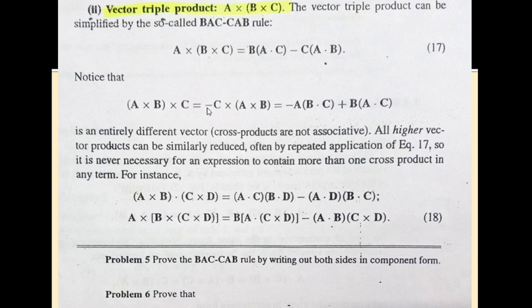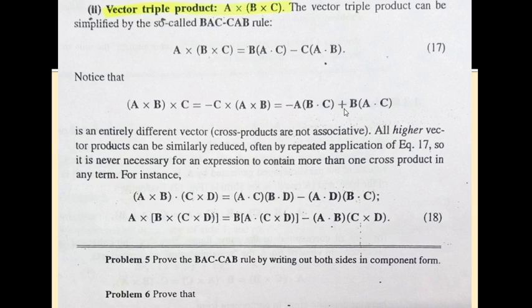If you change their position, the direction will be changed according to the right hand thumb rule. This is also true for the BAC-CAB rule, and that would be preceded with the negative sign. Actually the first term is always positive, but since you have a negative sign, the first term is negative and the second term becomes negative, negative plus, so it becomes plus. So keep this in mind.